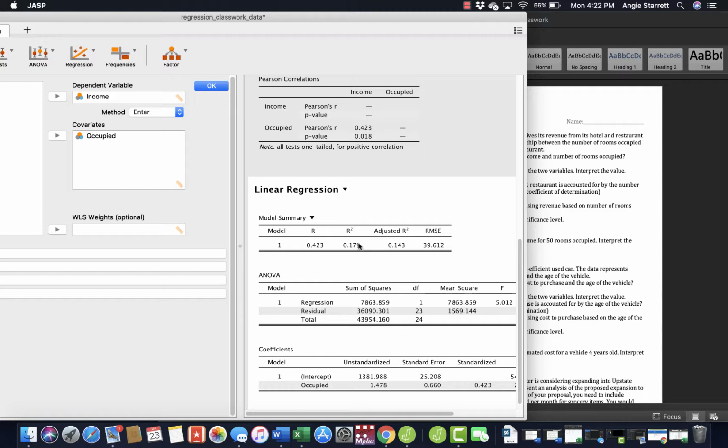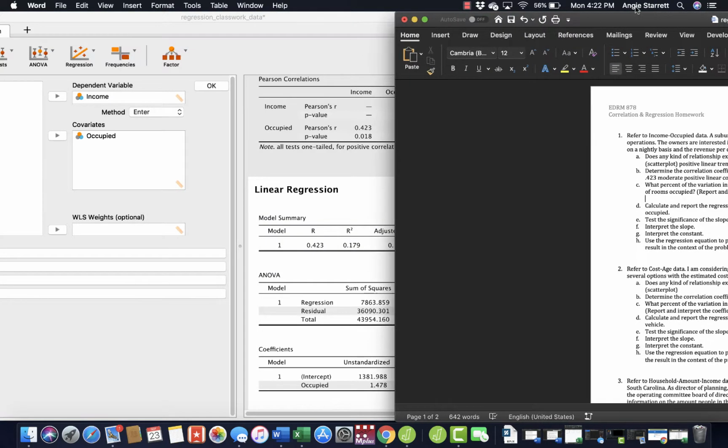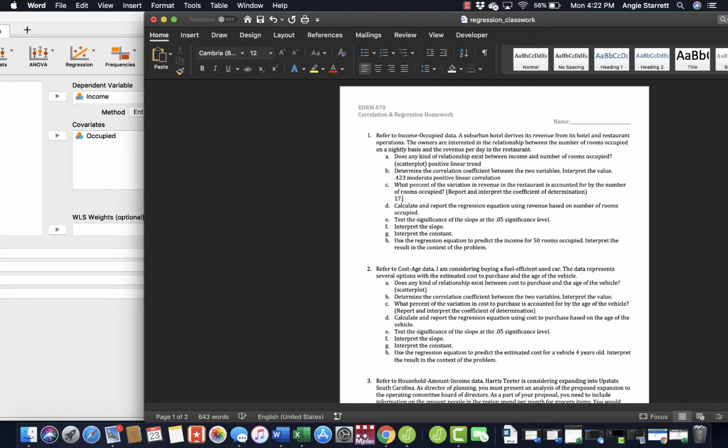And we are looking at R squared, which is the coefficient of determination. So we have 17.9% of the total variation in restaurant income is explained by rooms occupied.